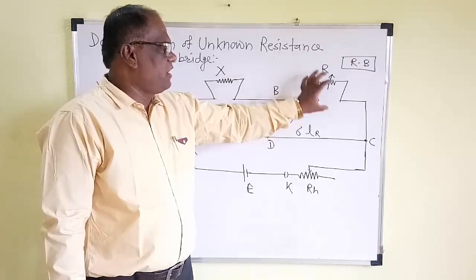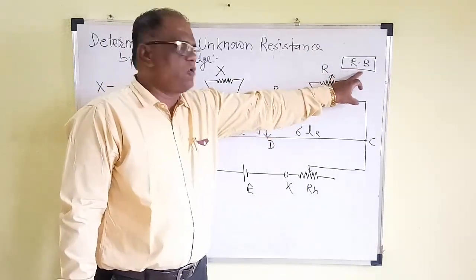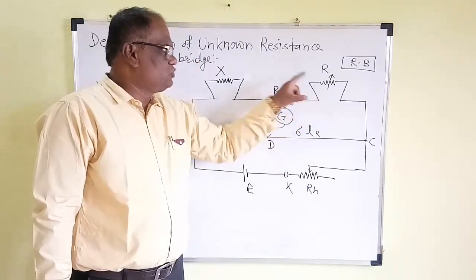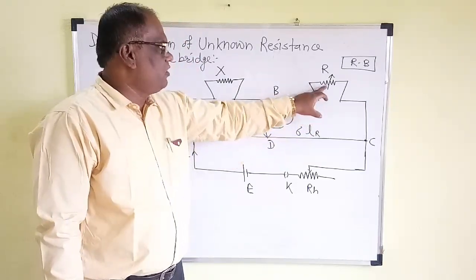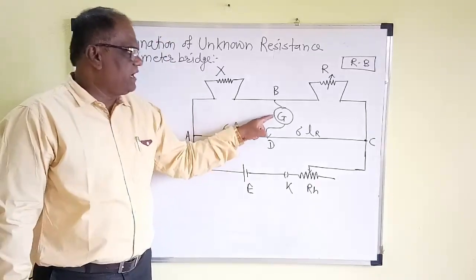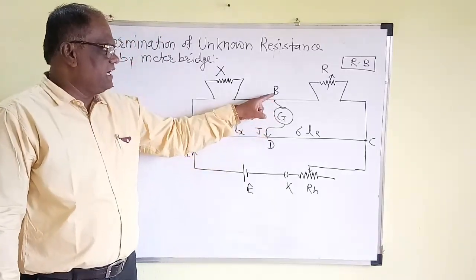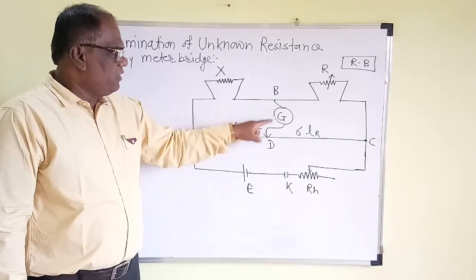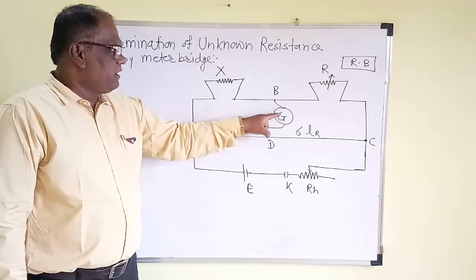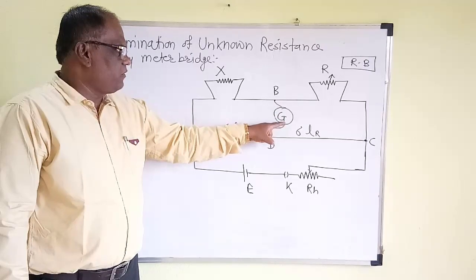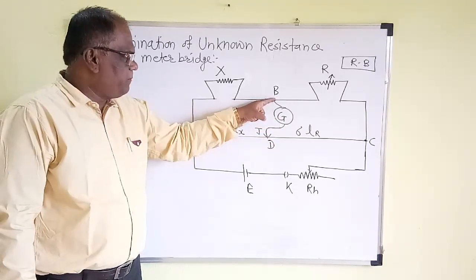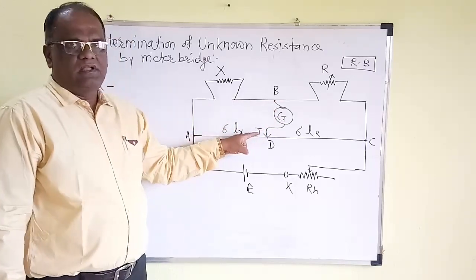You can connect a resistance box in this gap so as to select the proper value of resistance. A galvanometer is connected between point B and the jockey.